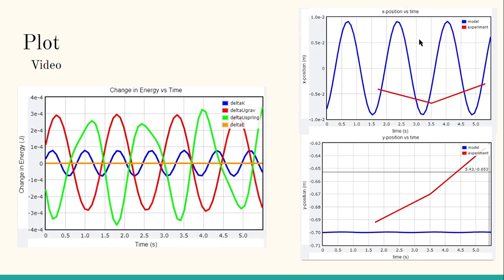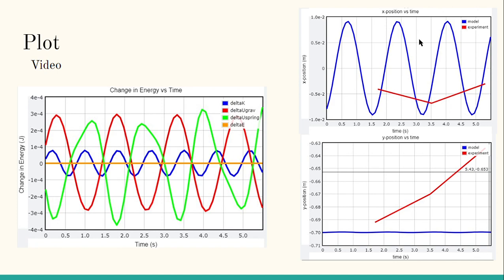Here's our experiment. We can take a look at the graph on the left. This is a graph that consists of four components. The first one is delta K, which is the change in kinetic energy.